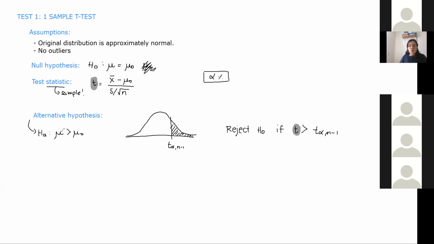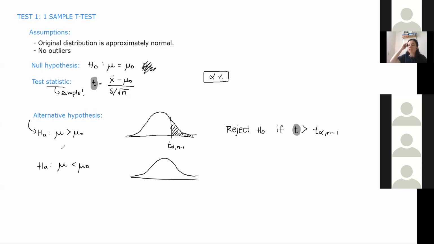So that's the first possible alternative hypothesis that I have. The second possible alternative hypothesis is that mu is smaller than the comparison value, in which case I'm trying to show that the mean for my population is actually smaller than a given value.